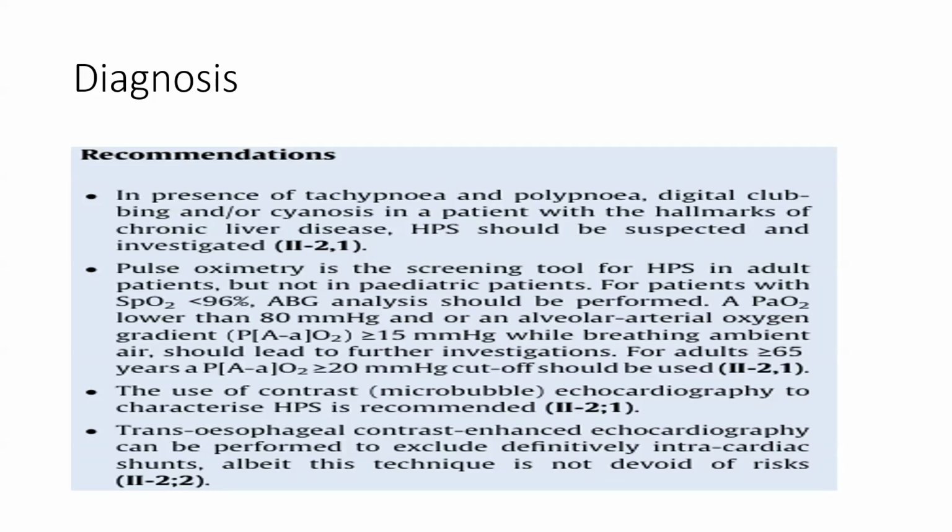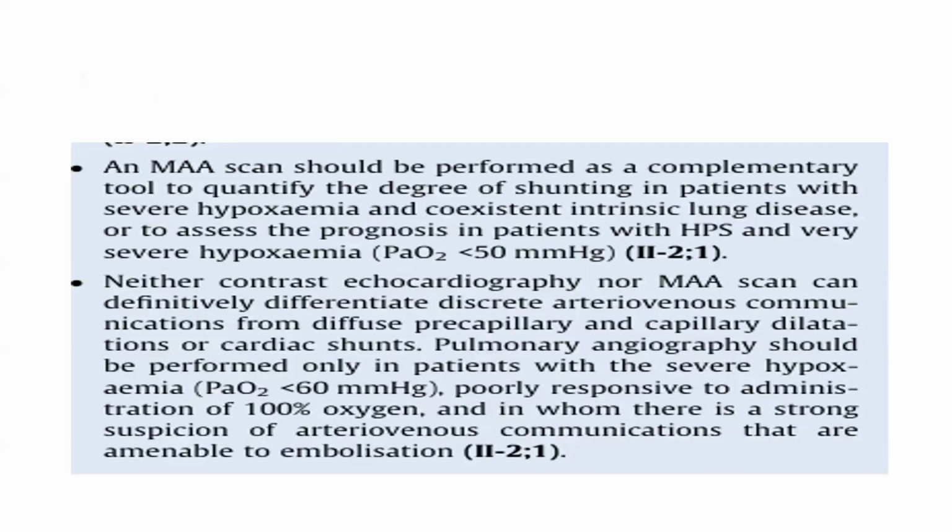The use of contrast echocardiography to characterize HPS is recommended. Transesophageal contrast enhanced echocardiography can be performed to definitively exclude intracardiac shunt, albeit this technique is not devoid of risk. Then a macroaggregated albumin scan can be performed as a complementary tool to quantify the degree of shunting in patients with severe hypoxemia and coexistent intrinsic lung disease, and to assess prognosis in patients with HPS and very severe hypoxia.